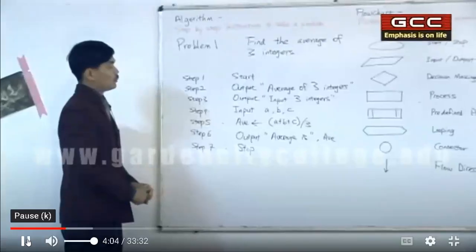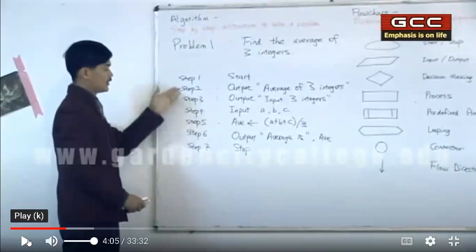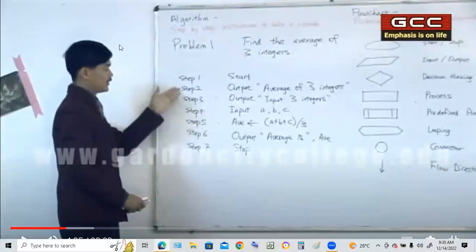So usually when you get something like this in the exam, they might just say, write an algorithm for calculating the average of 3 numbers, 3 integers, or write an algorithm to find the profit of a sales.